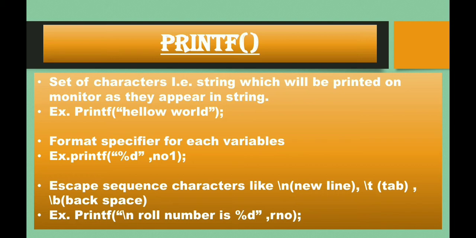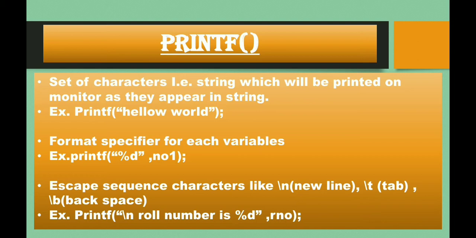So here we will see one example. You can see the printf statement, and the control string content begins with \n. Meaning at the starting position \n is encountered, so the compiler will first take the cursor to a new line because of the \n. Then the message will be printed on the new line, that is, your roll number is.